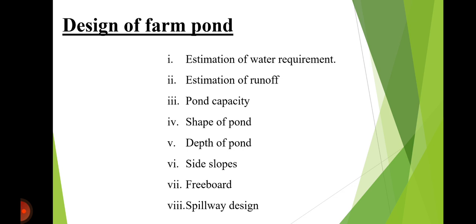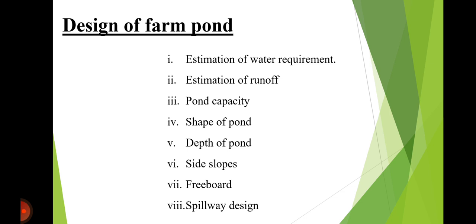It protects the embankment with grass turfing or stone pitching. It locates the pond where maximum runoff can be collected economically. So these are some of the considerations for the design of the farm ponds.